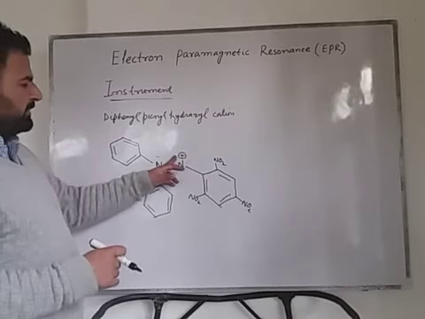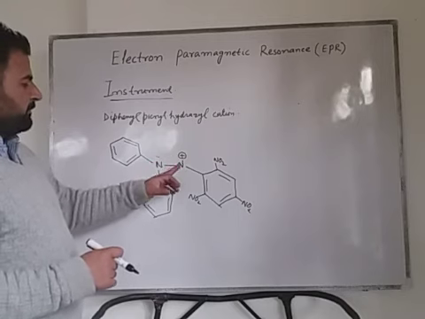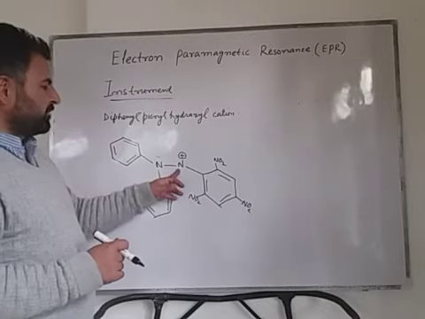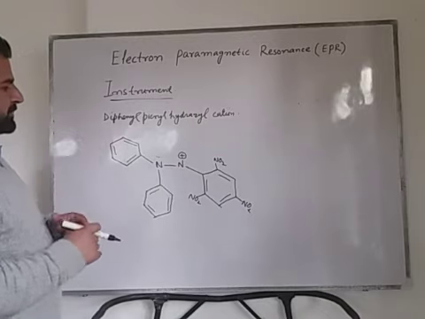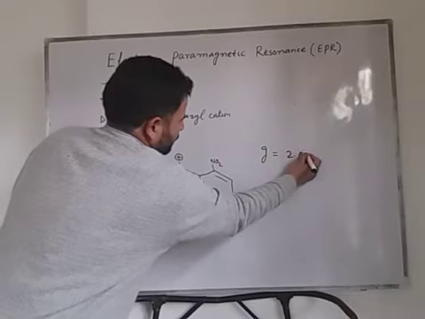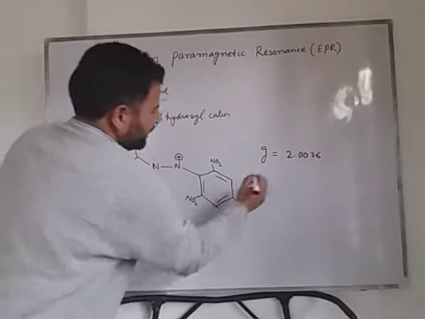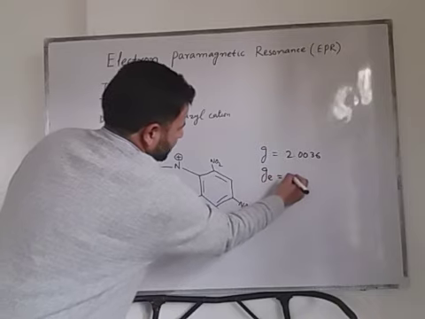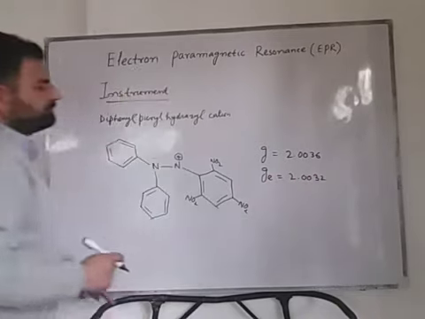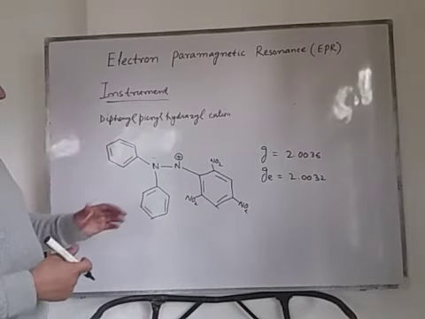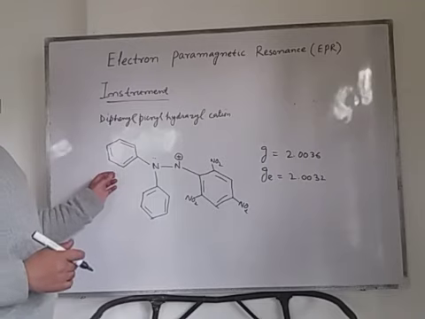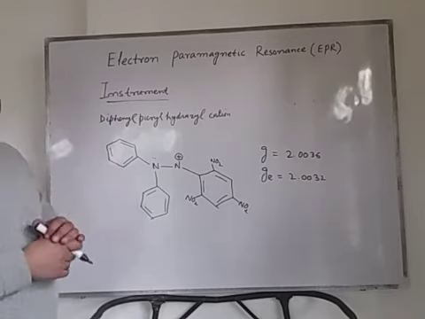So the unpaired electron here will not feel much influence from the neighboring electrons. That is why its G value of 2.0036 is almost equal to that of the free electron, 2.0032. So they are almost equivalent. That is why it is taken as a reference during this type of spectroscopy.